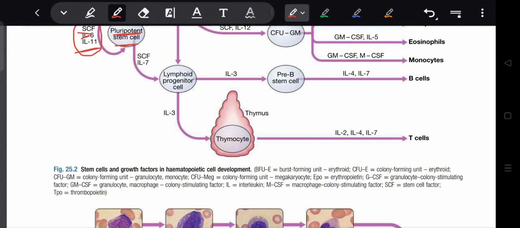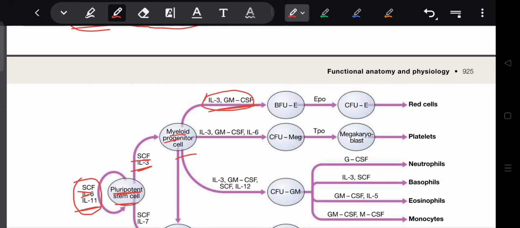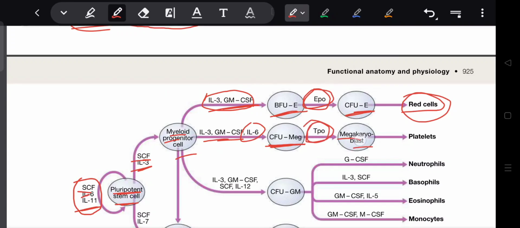Burst forming unit erythroid and colony forming unit erythroid, with erythropoietin, give rise to red cells. Colony forming unit megakaryocyte, with thrombopoietin, gives megakaryoblast and platelets.